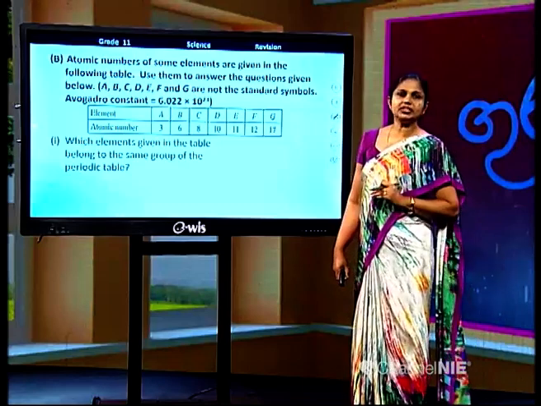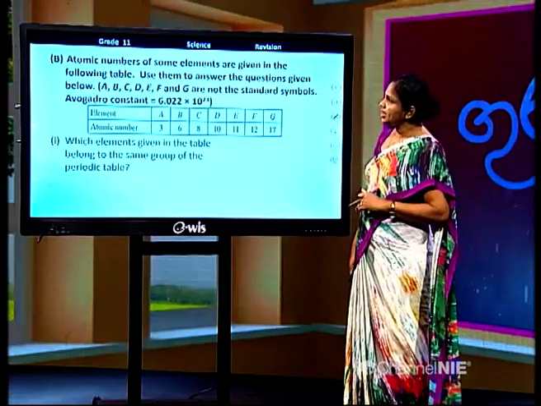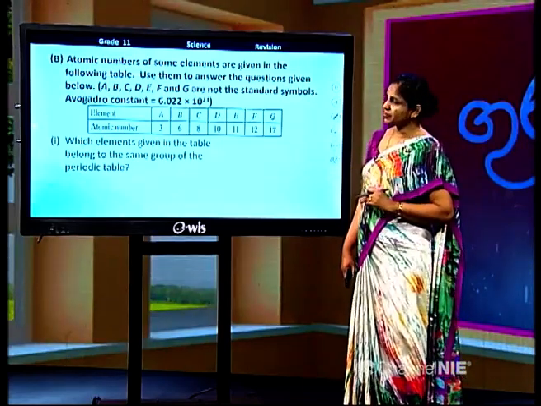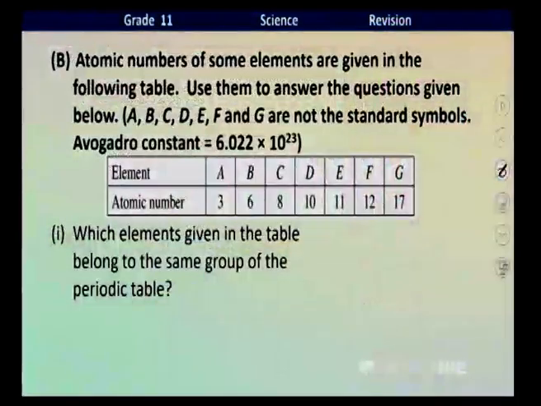Okay, children. Now, look at the next question. Atomic numbers of some elements are given in the following table. Use them to answer the questions given below. Given symbols are not the real symbols, not the standard symbols, right? Which elements given in the table belong to the same group of the periodic table?